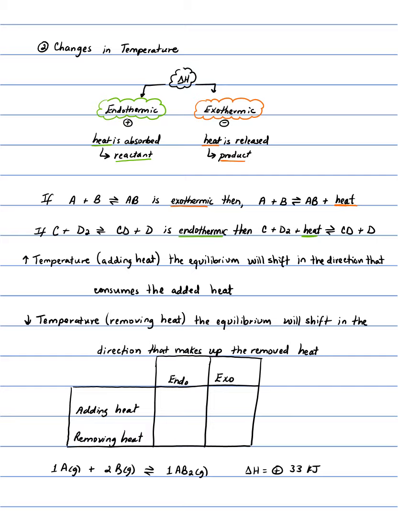The second type of change is changes in temperature. Before we get into everything related to equilibrium, let's review the types of reactions that we can have. We can have endothermic reactions and exothermic reactions, depending on the value for the change in enthalpy. If you have an endothermic reaction, it's because your reaction is absorbing heat.